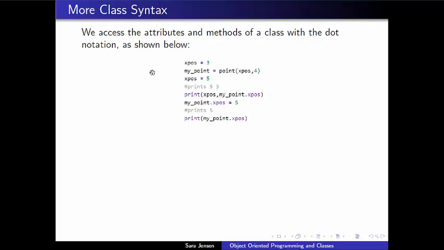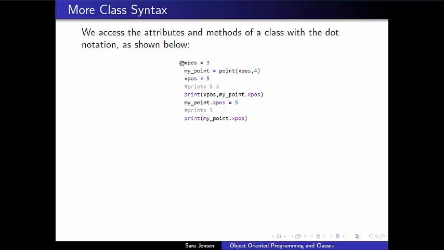We access both the attributes and the methods of a class with the dot notation. And I've given one example of what's going on here below and wanted to relate that back to the scope discussions we've been having. If I create a variable called xPosition and give it a value of 3, I can then create an object called myPoint, which is a point data type that has as its X position whatever the contents of this xPosition variable is, and a Y position value of 4.